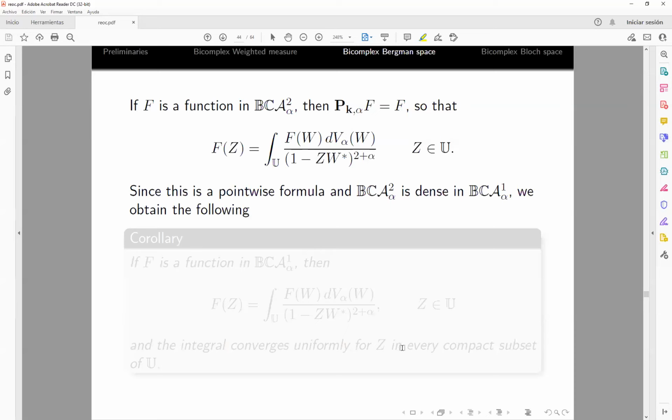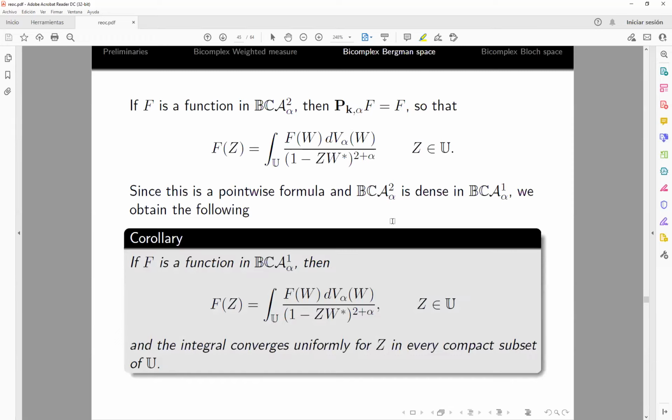result. Of course, if F is a function in the Bergman space, then we apply the Bergman projection and we recover F. Then we have this. This is the reproducing formula for F, and these are the reproducing kernels. And in general, if F is a function in the weighted Bergman space, then we have this representation.